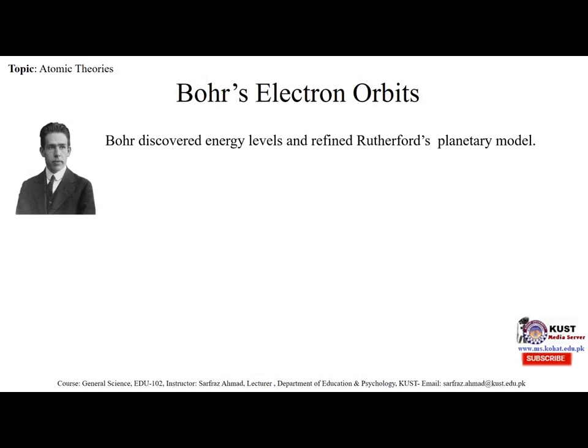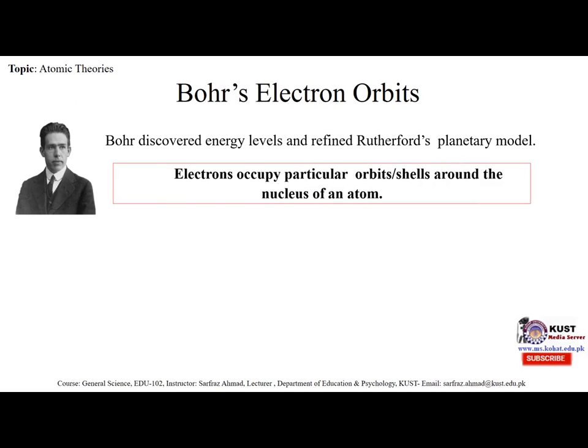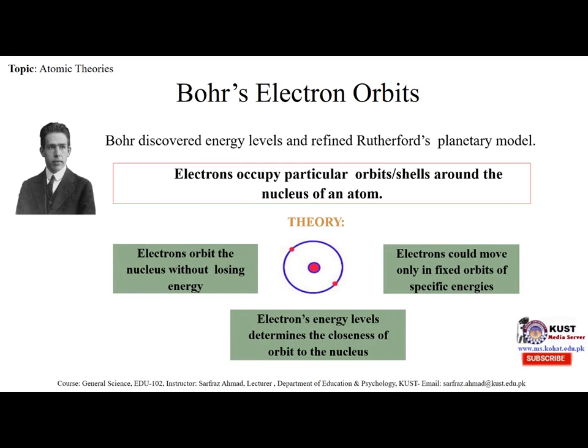Bohr discovered energy levels and refined Rutherford's planetary model, where the electrons occupy particular orbits or shells around the nucleus of an atom. His theory is that electrons orbit the nucleus without losing energy. An electron's energy level determines the closeness of the orbit to the nucleus, and electrons could move only in fixed orbits of specific energies.